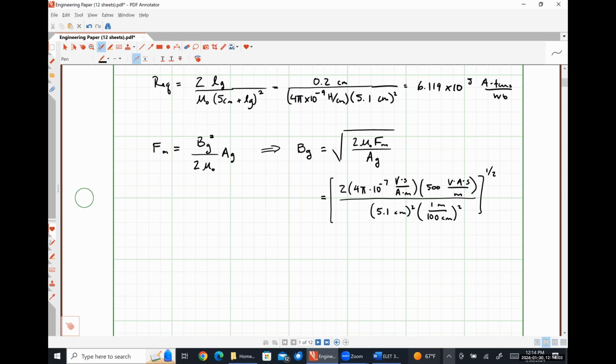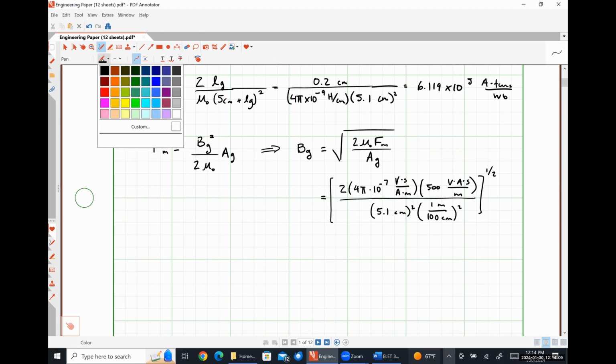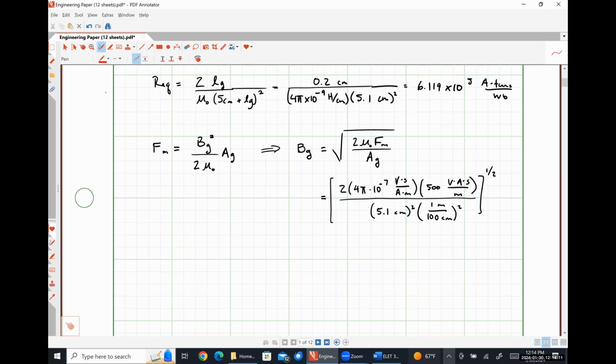So I've made the units this mess of things so that we can see exactly what's happening here, right? The amp here cancels the amp here. This centimeter squared is going to wind up canceling this centimeter squared. And so what I'm going to be left with is volt seconds squared, which looks like Webers squared.